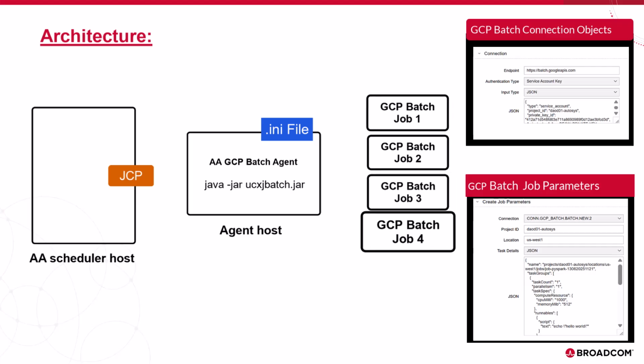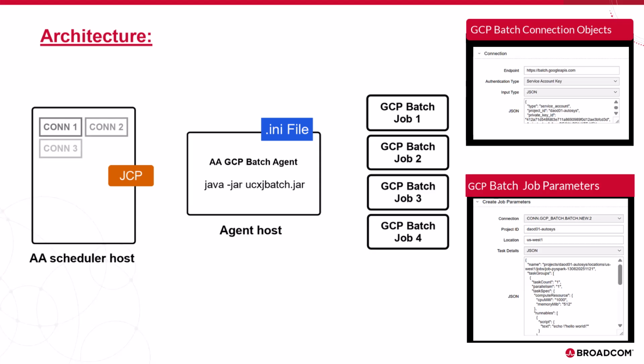We create a connection object in Automic Automation for each instance by duplicating the con template for each of these instances. Lastly, we create a Google Cloud Batch job in Automic Automation for each corresponding process in Google Cloud Batch. The Automic Automation jobs include the connection object based on the target system.